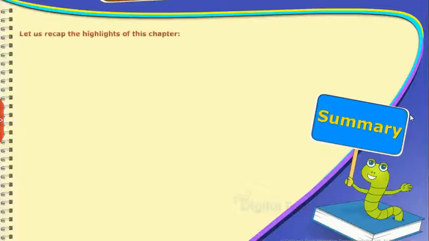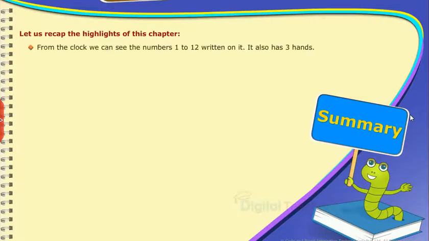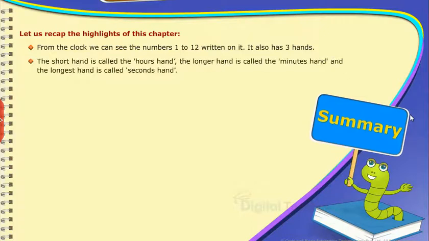Summary. Let us recap the highlights of this chapter. From the clock, we can see the numbers 1 to 12 written on it. It also has 3 hands. The short hand is called the hours hand, the longer hand is called the minutes hand, and the longest hand is called the seconds hand.